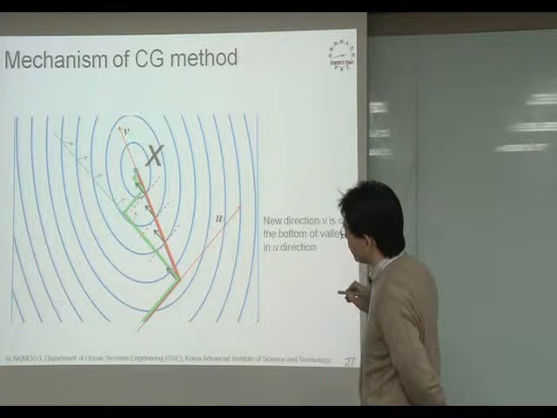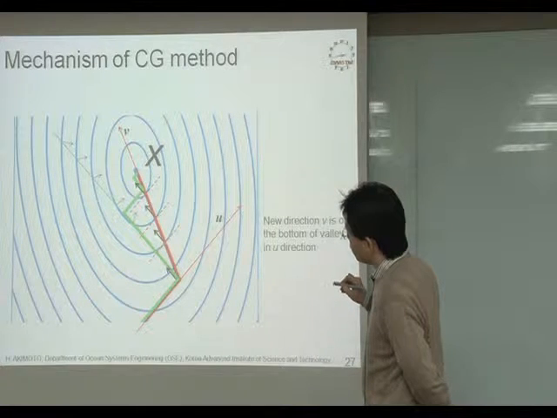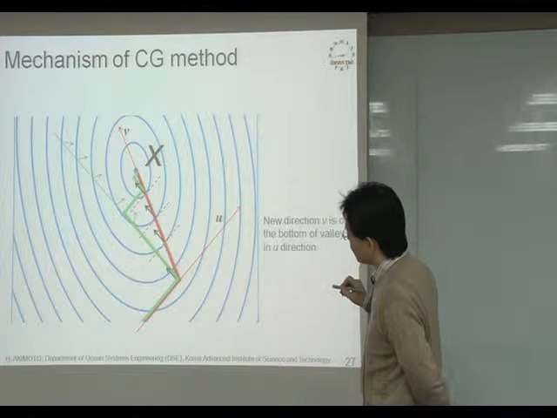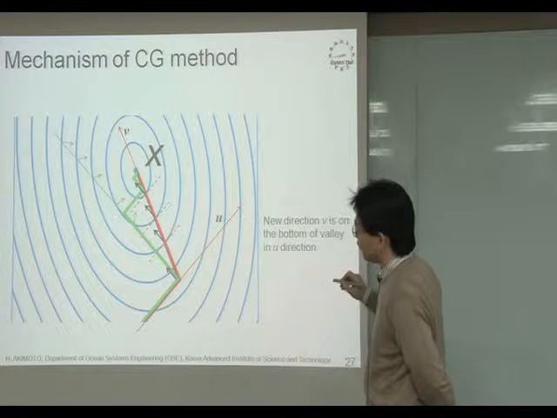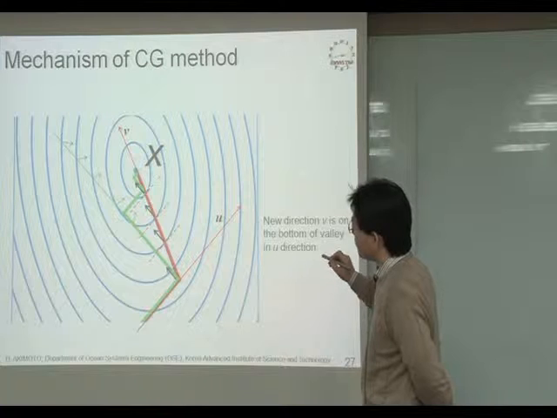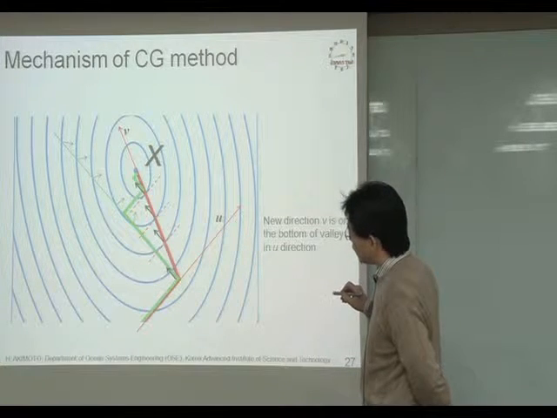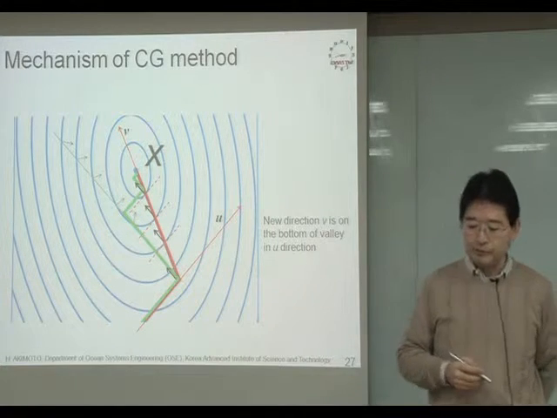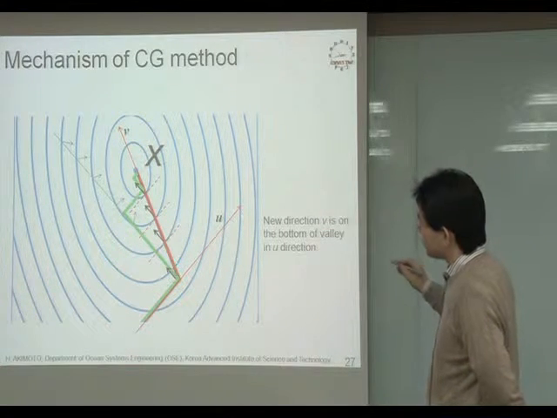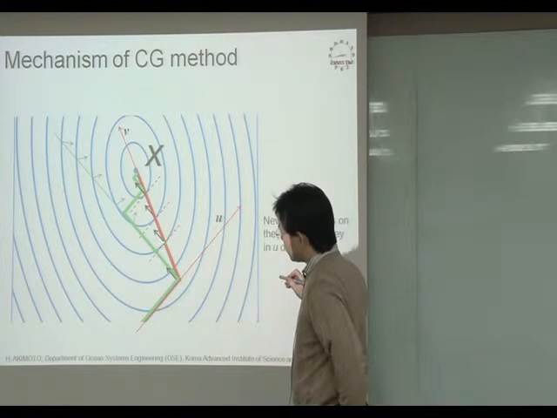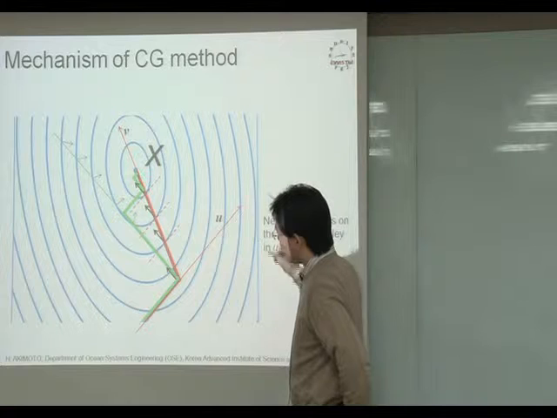The definition of this line is when we make a cut like here. This one is also a minimum point on this line, and also this one is minimum. This one is minimum. So the condition for this best search direction is on this line.